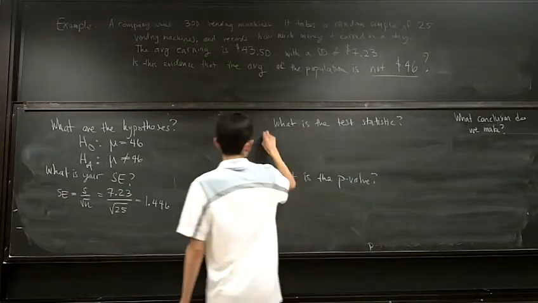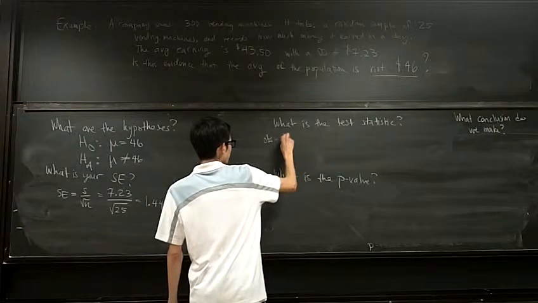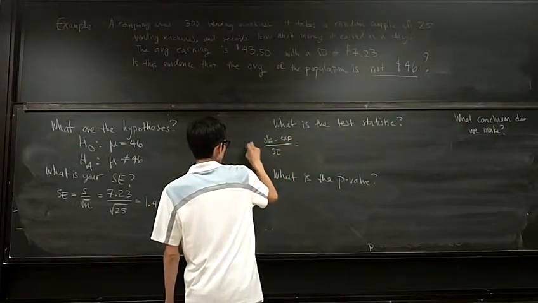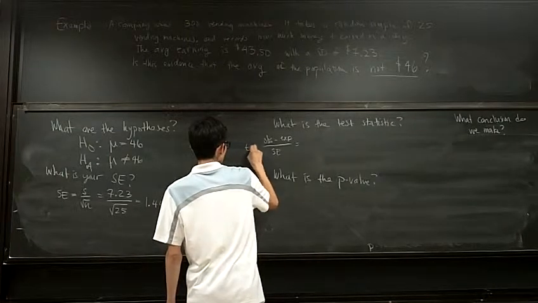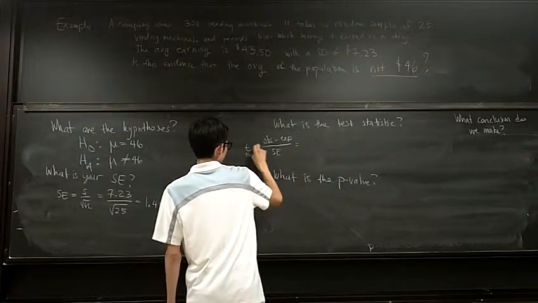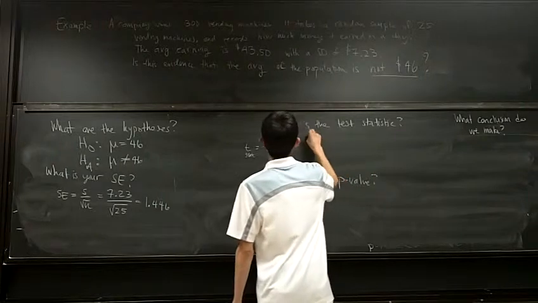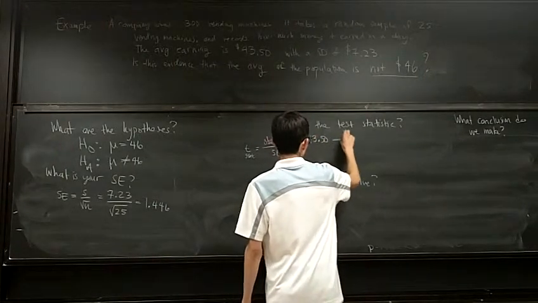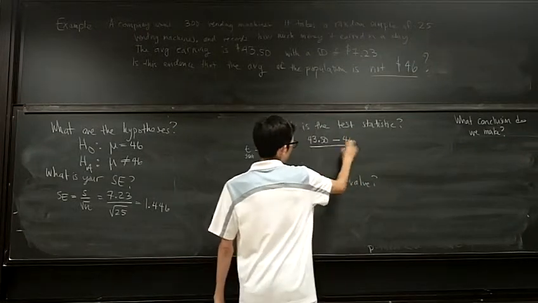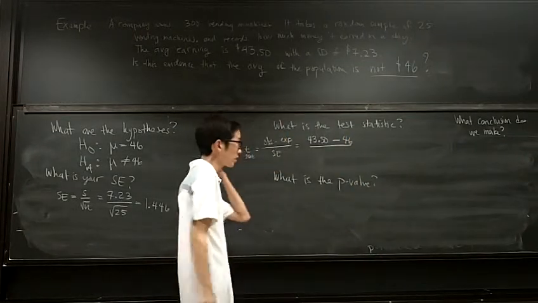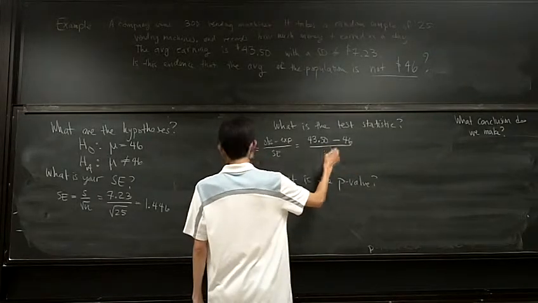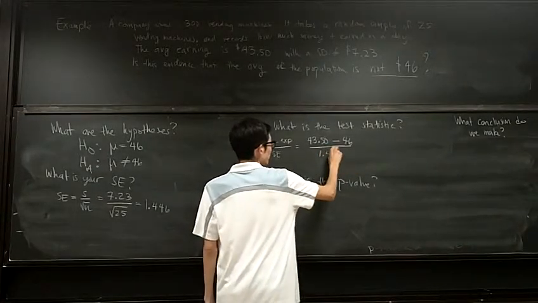What is the test statistic? So this is my observed minus what I expected, divided by the standard error, my test statistic. So I observed a mean of 43.50, and I'm expecting $46. Okay? So I'm making a little bit less money than what I'm expecting. Is this a big deal or not?